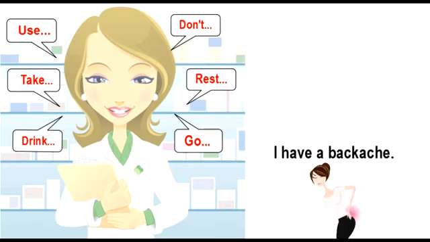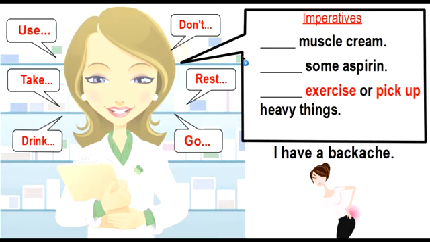And the last problem. I have a backache. What are the correct suggestions? For example, number 1, use muscle cream. The next one, take some aspirin. And the last one, don't exercise or pick up heavy things.